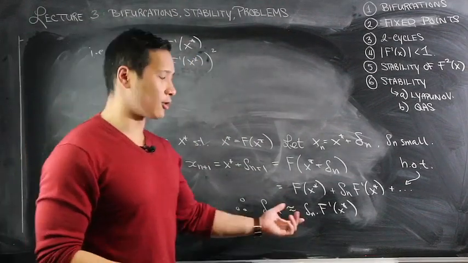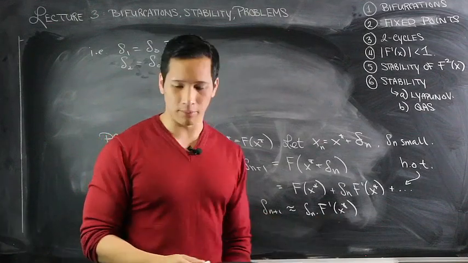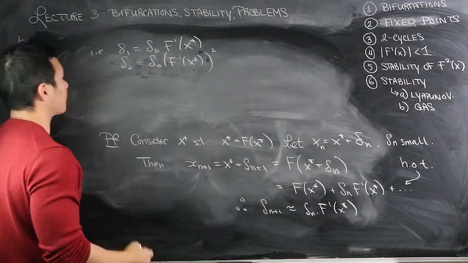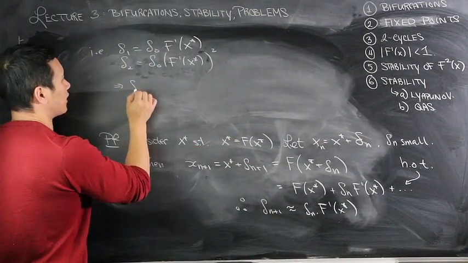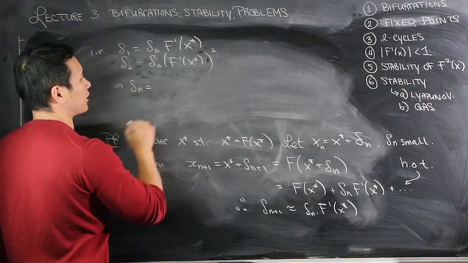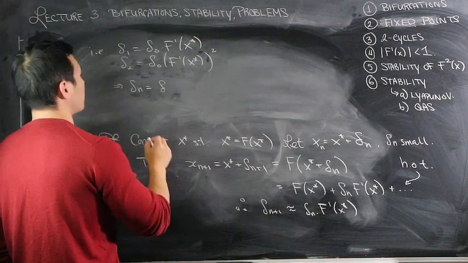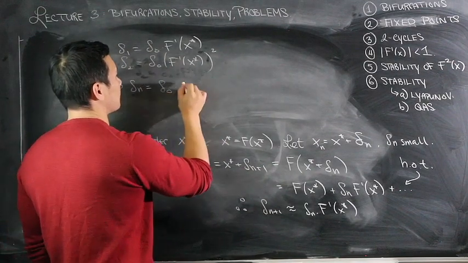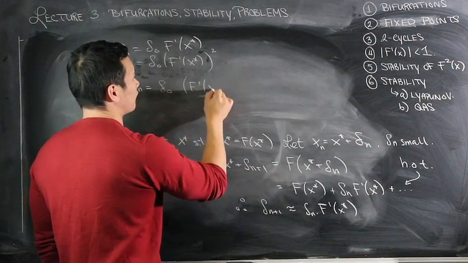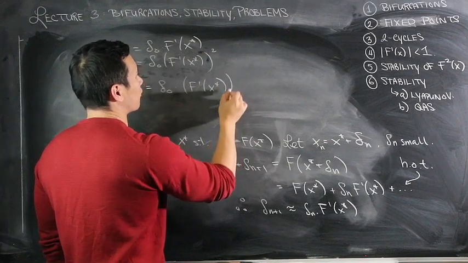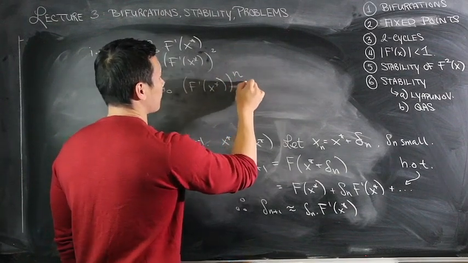Each time you go one iterate higher, you just end up multiplying by f prime. And so therefore, delta n is delta naught times f prime of x star to the power of n.